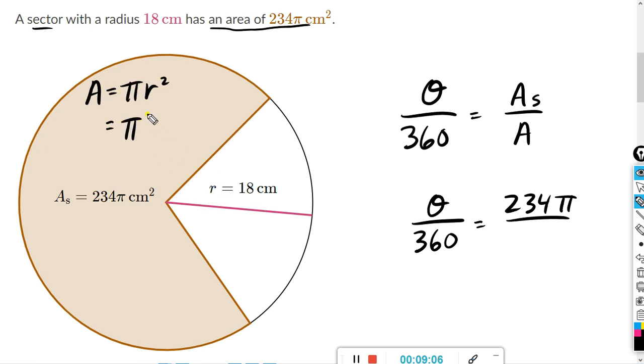The radius r is 18, so that's 18 squared. And let me calculate that. All right, 18 squared is 324. And that is times pi. So in place of the area A, we write 324 pi.